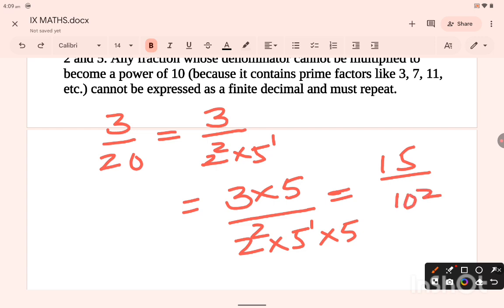When the denominator can be expressed as 2 to the power of m into 5 to the power of n, then that denominator can be expressed as a power of 10. In this case, this is a terminating decimal.